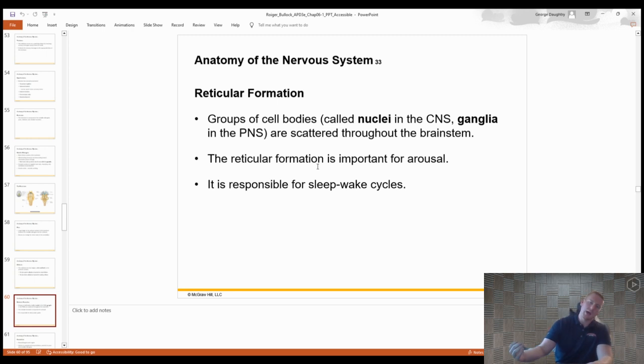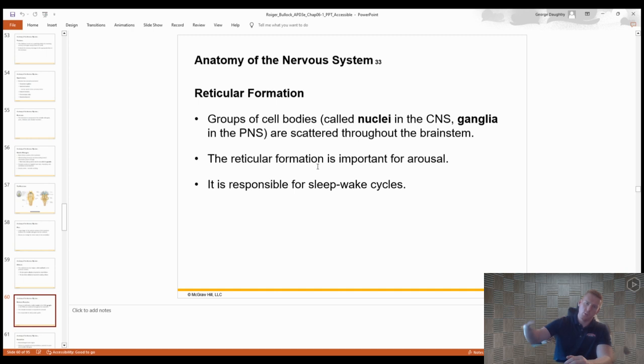So if we have downregulated reticular formation functioning, then that will signal the production of sleep, right? And if we need to wake up from sleep and there's cortisol production and we need to come out of that state, then there's going to be upregulation of reticular formation. We're going to be in an aroused state.